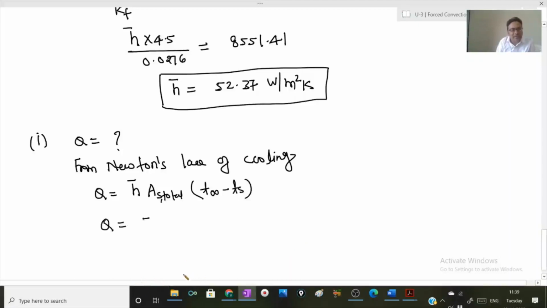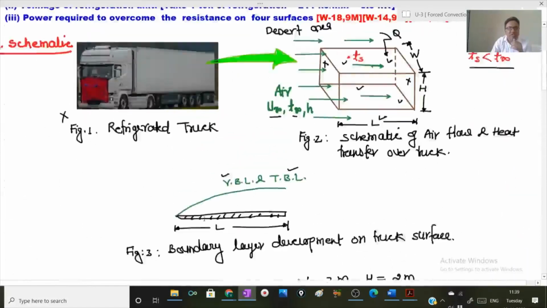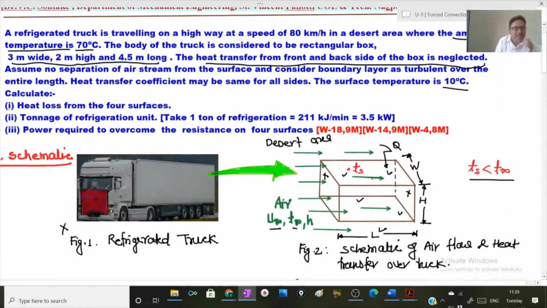h bar is 52.37. You take your own value. Now for surface area. Now why am I taking h bar same for all the surfaces? Because in the problem it is mentioned convective heat transfer coefficient is same for all the surfaces.